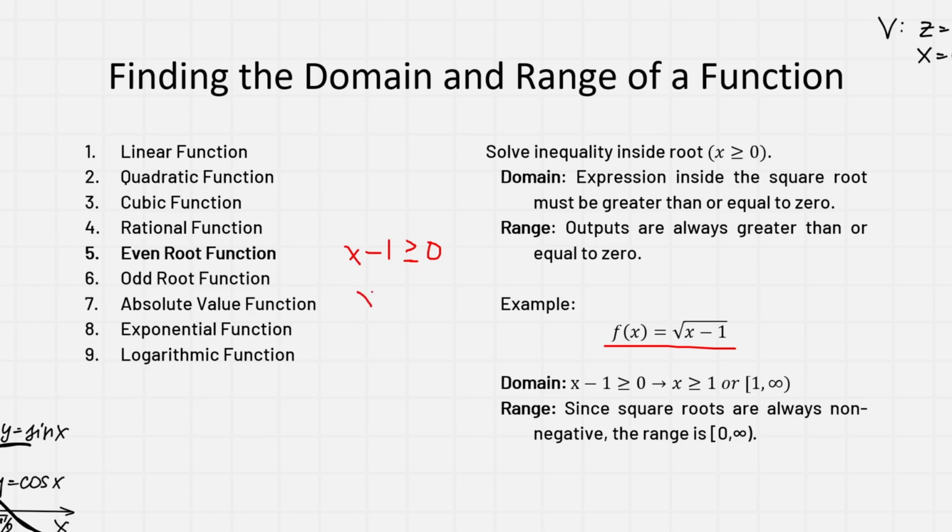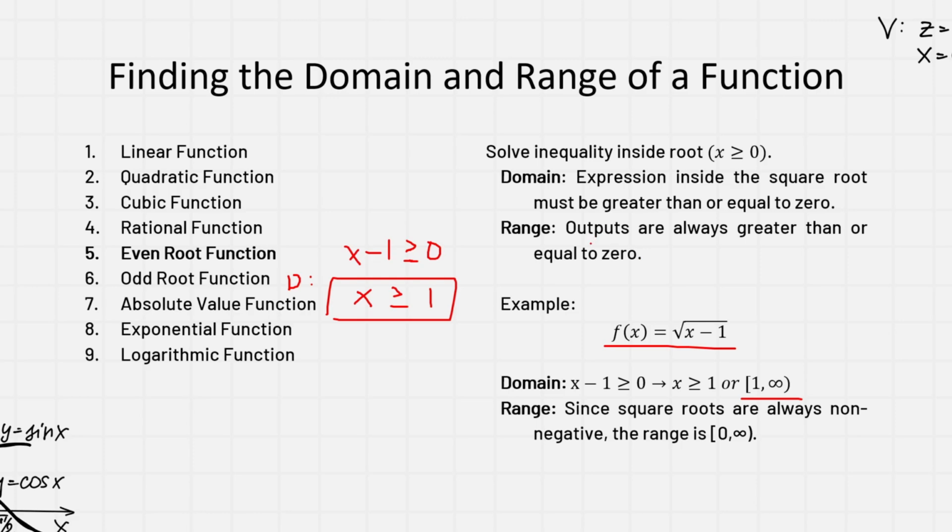We have x is greater than or equal to positive 1. So this is our domain. And if we're going to write it in interval notation, we have bracket 1, comma, infinity, parenthesis.